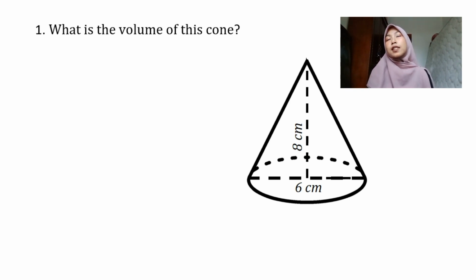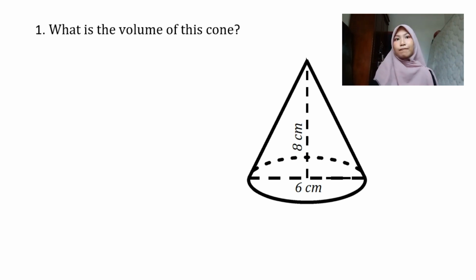This cone has a 6 cm diameter, so it's a 3 cm radius. And this cone has an 8 cm height. Then we put in the formula that we just got. The volume V is equal to 1/3 times pi times radius squared times height.